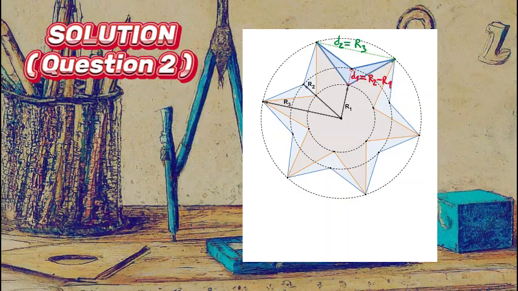In our case, D2 is 70 centimeters and D1 comes from R2 minus R1 equals 45 minus 30, so it's 15 centimeters. The area of one dot is D1 times D2 all over 2.